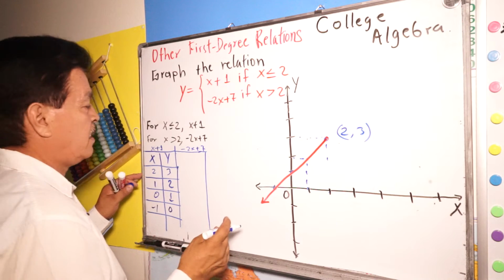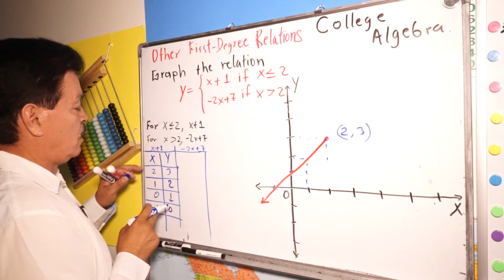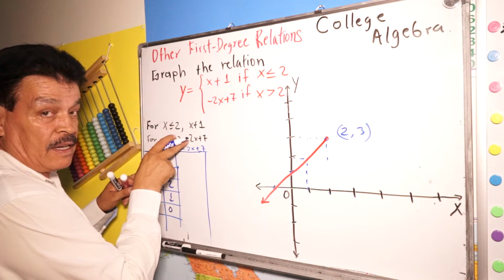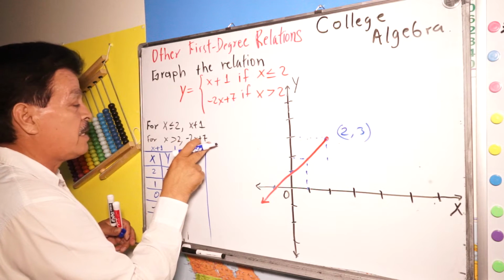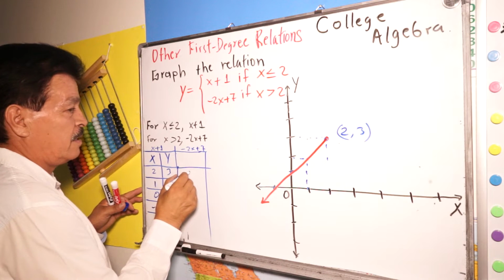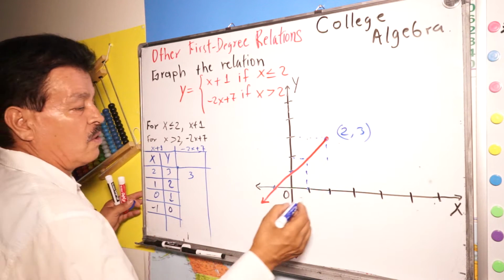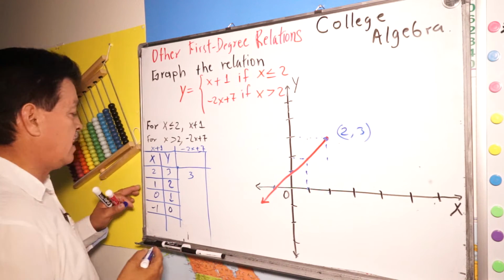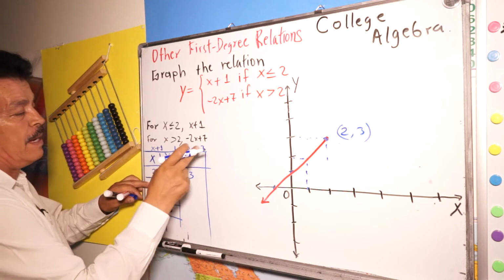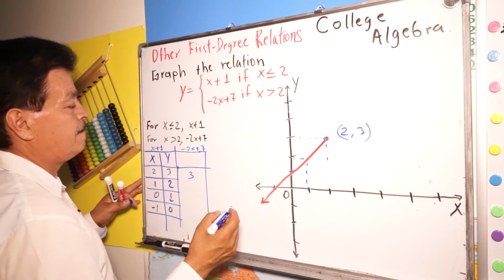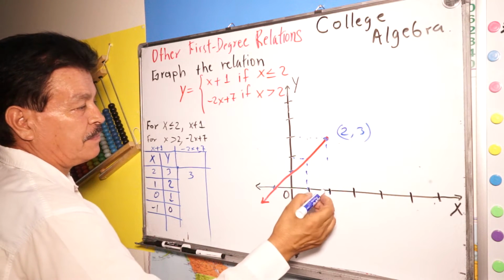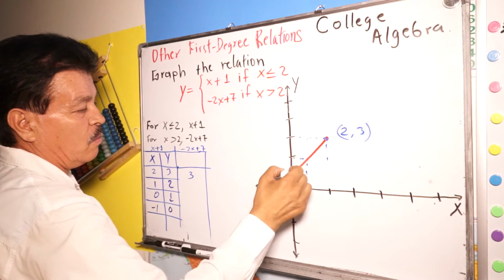In the second one, when x equals 2, 2 times negative 2 is negative 4 plus 7 is 3. So y is 3 right here. The next one, negative 2 times 1 is negative 2 plus 7 is 5. We have 5, it's right here, 1, 2, 3, 4.